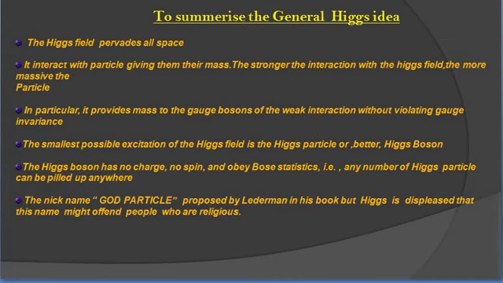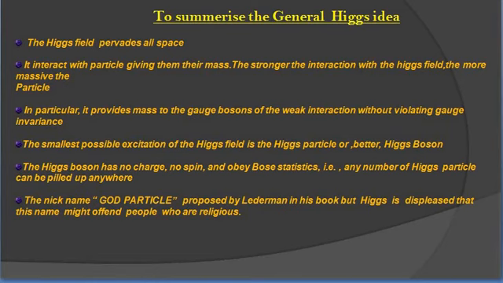So to summarize the Higgs idea, the Higgs field prevails in all space. It interacts with particles and gives rise to their mass. The stronger the interaction, the more the mass. So that's why the W plus minus and Z bosons are very massive, because they strongly interact with the Higgs field.